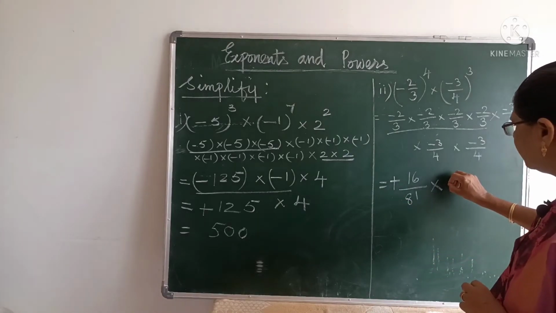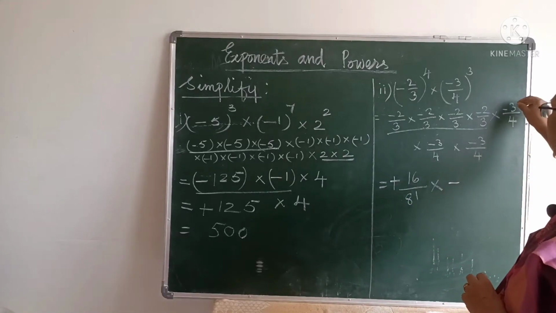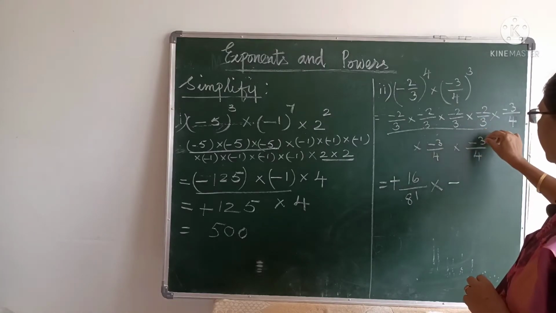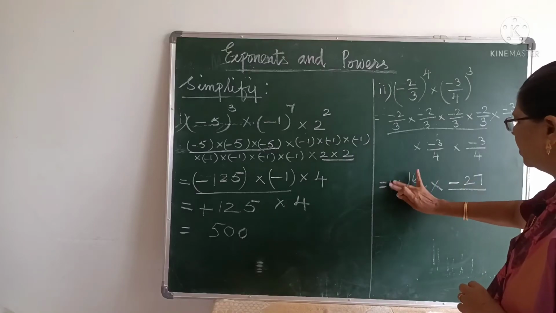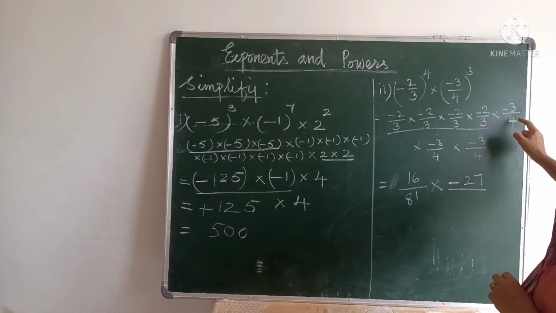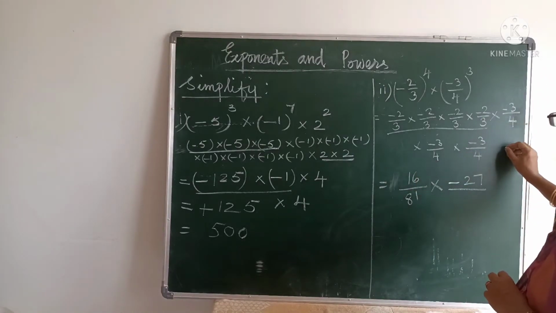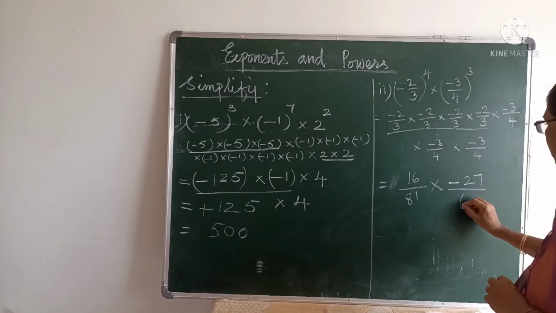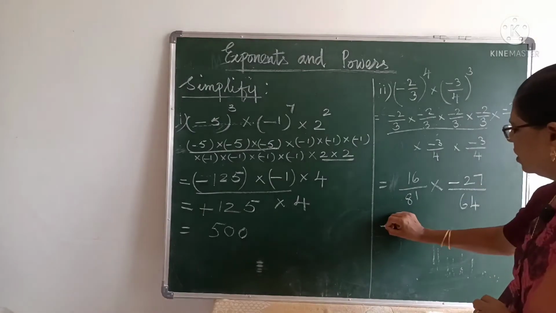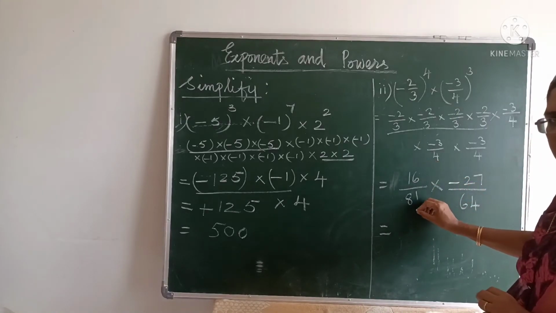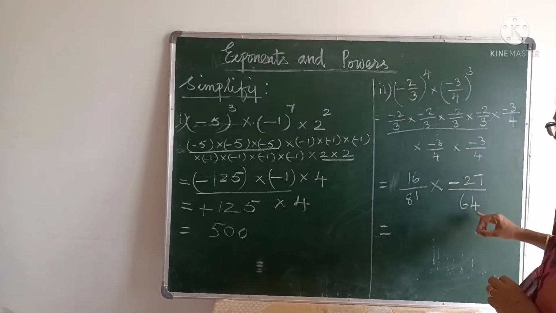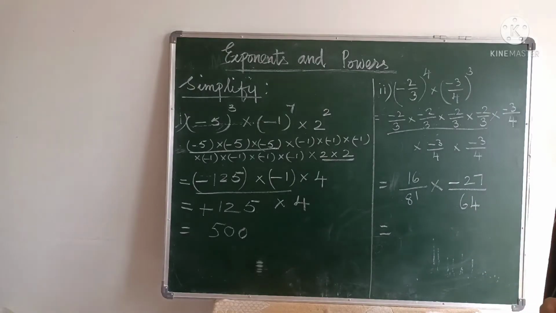So the product will be minus. 3 3s are 9, 9 3s are 27. Then 4 4s are 16, 16 4s are 64. We have to multiply 16 upon 81 into minus 27 upon 64.